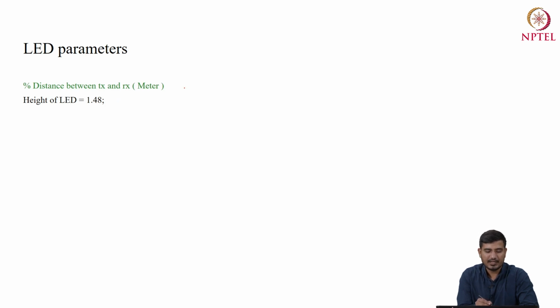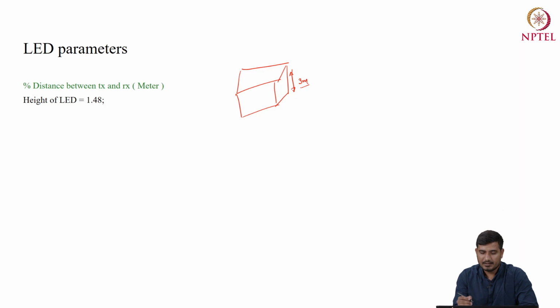Actually, generally in any practical system, this height of the LED, like earlier we have shown you the room size, and we have given that the height of the room is 3 meter, but the height of LED is the height from the PD. From the floor, you can see here that exactly the value will be 3 meter.